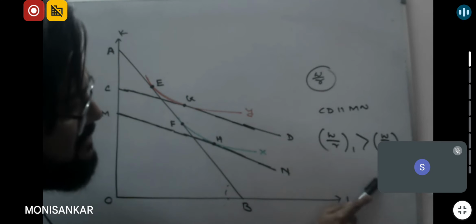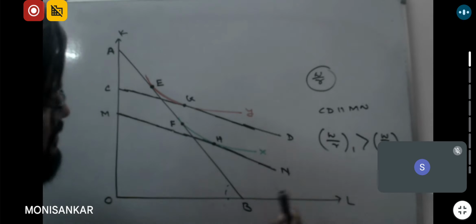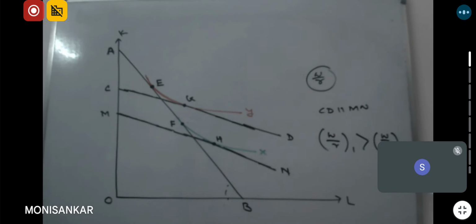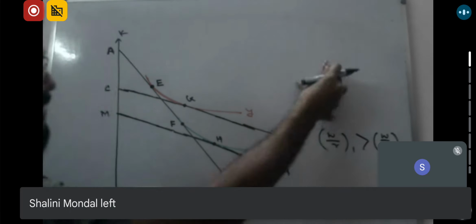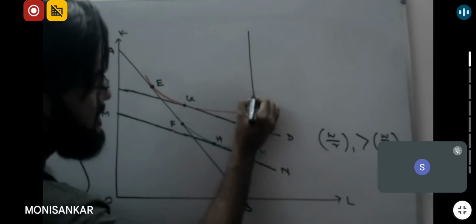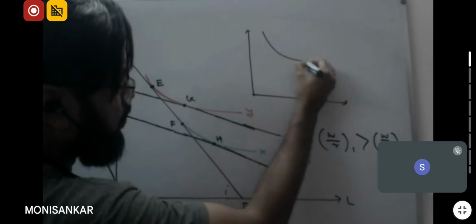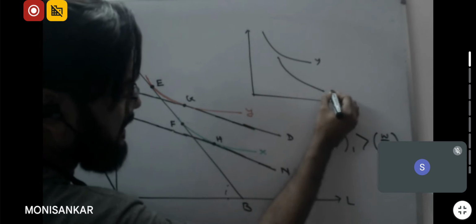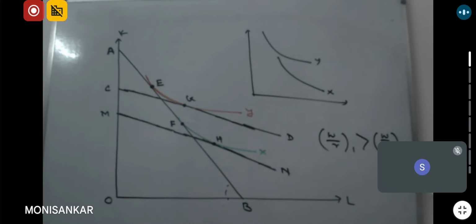You can extend the line. If you extend, that one is lower. Now follow. According to the graph, you derive Y, you derive X. That means you take Y, you take X. Sir, they intersect, but we know isoquants cannot intersect with each other.